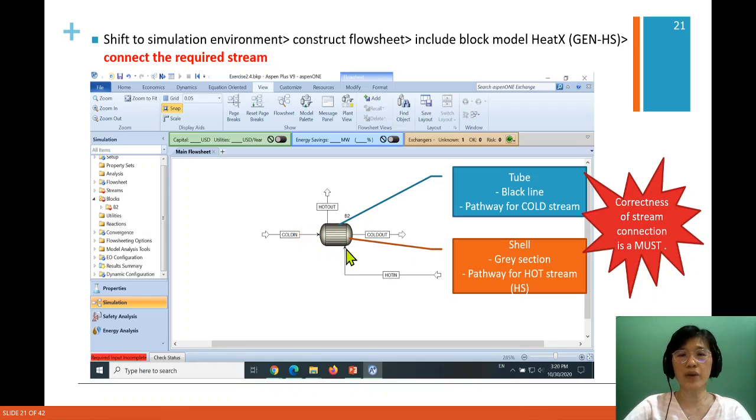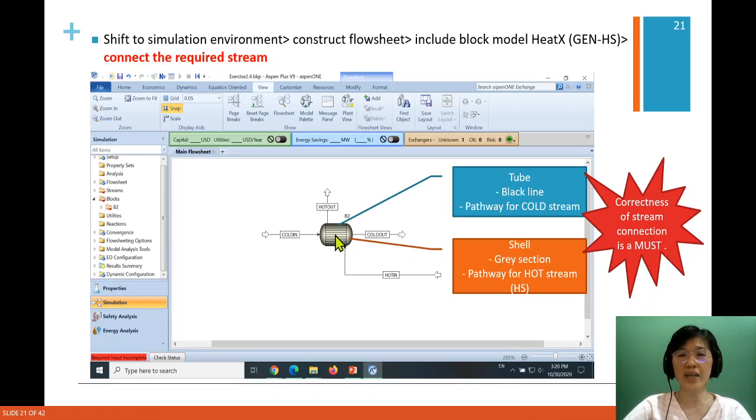In this case, hot stream and also cold streams are required. Okay, when you put your cursor here, actually you can see there is an instruction saying that this is for the hot stream inlet. So you just put one stream here, inlet, and hot stream outlet, and cold stream inlet, as well as the cold stream outlet. And for sure, you have to recognize which one is the tube section and which one is the shell section.